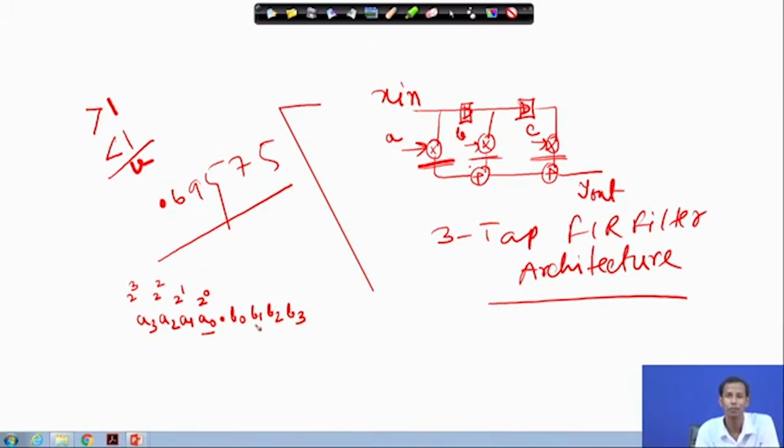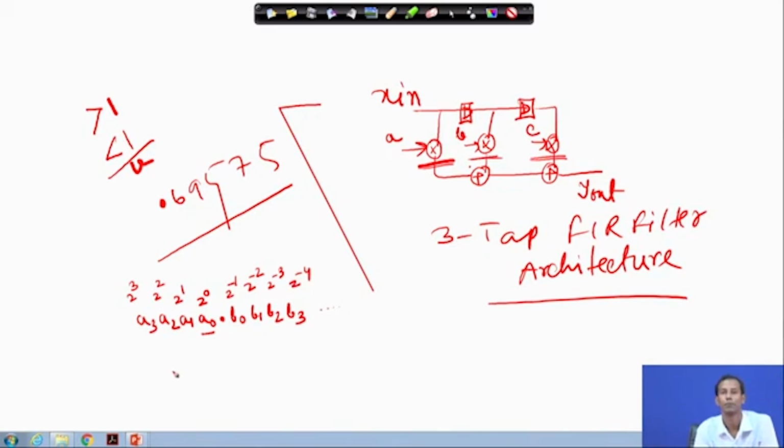But after the decimal point, the corresponding bit positions, which are B0 to B3, are also in powers of 2. But here the values vary as 2 to the power minus 1, 2 to the power minus 2, 2 to the power minus 3, 2 to the power minus 4.